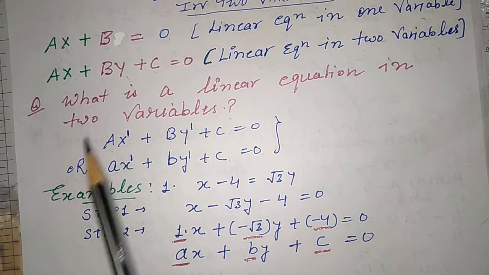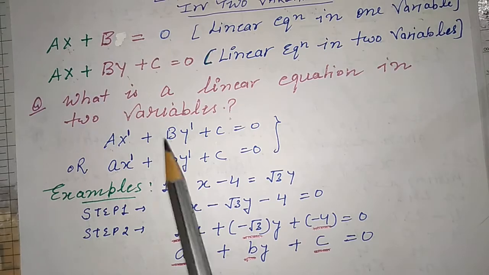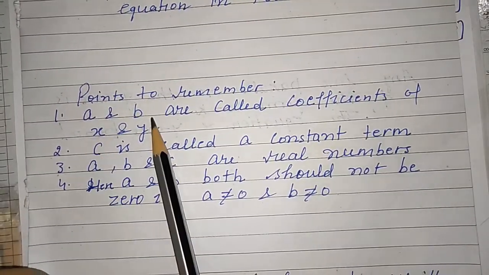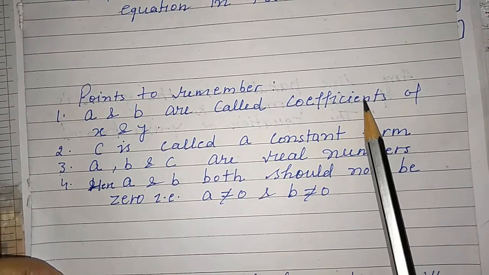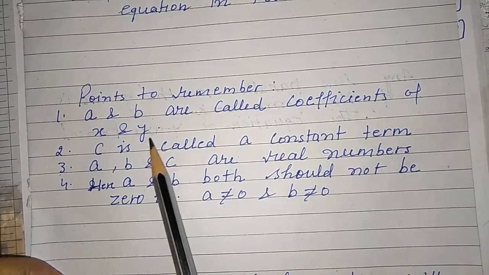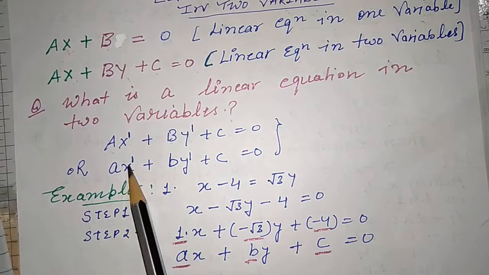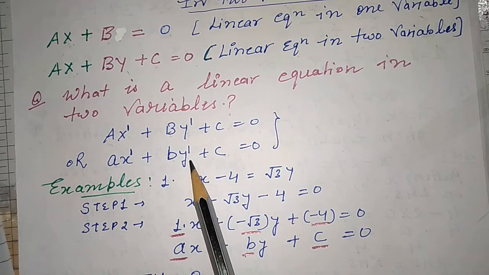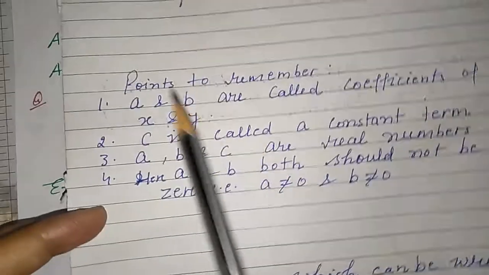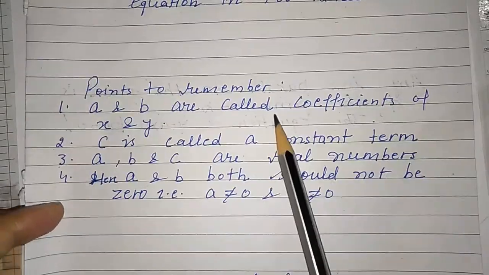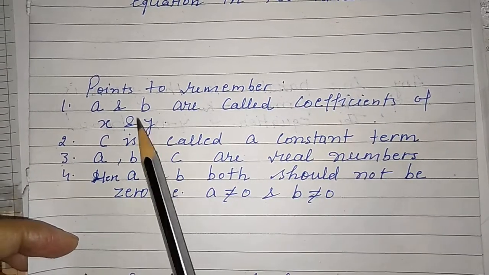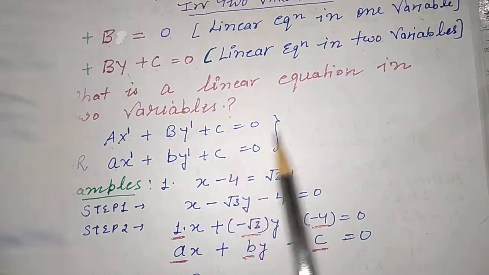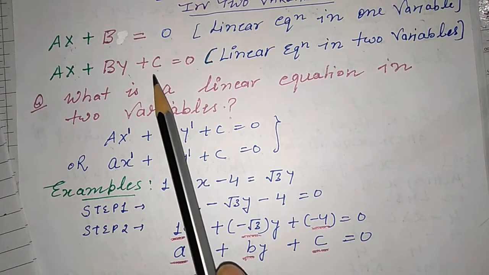Because of this we have to remember some points. a and b are called coefficients of x and y. Here a is the coefficient of x', and similarly b is the coefficient of y'. a and b are called the coefficients of the variables, and c is called a constant term.